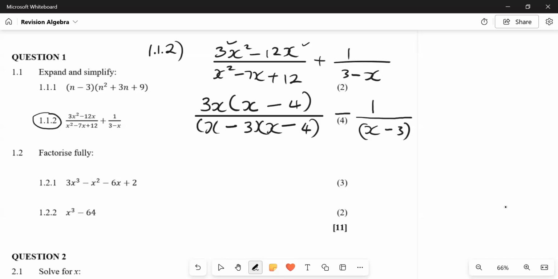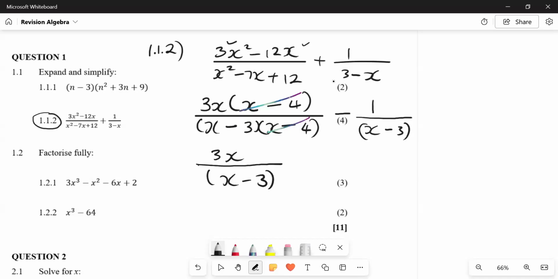And then as from here, you can now cancel. Now you're left with 3 and then here we have x minus 3 there, minus 1 over x minus 3.